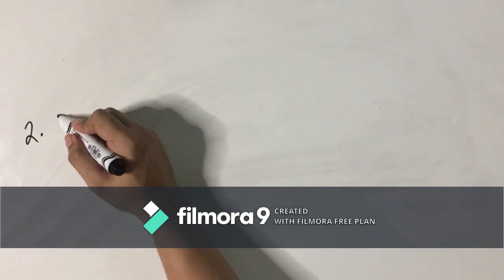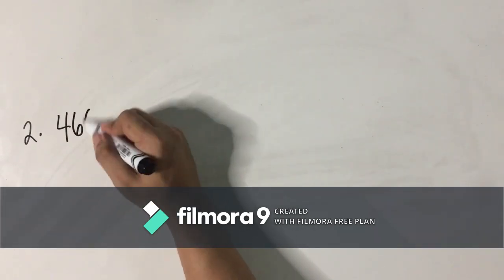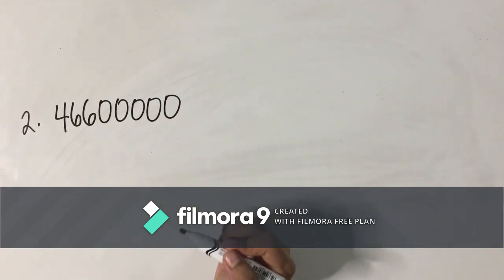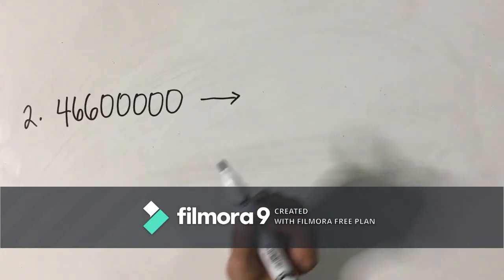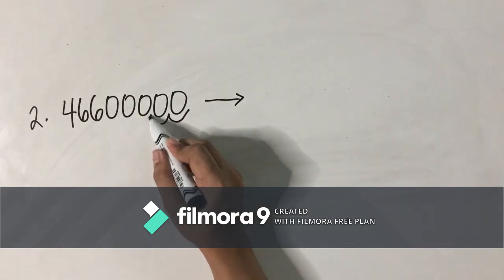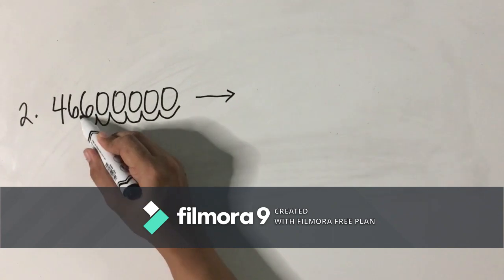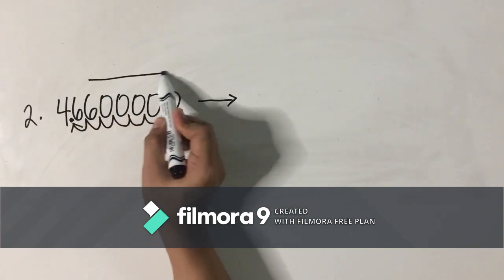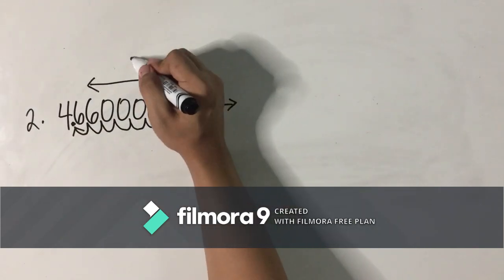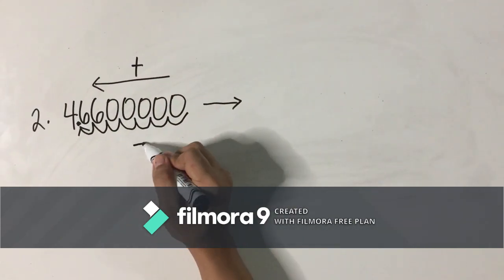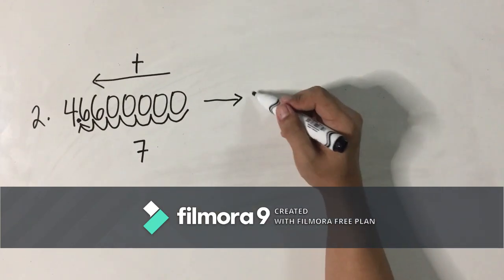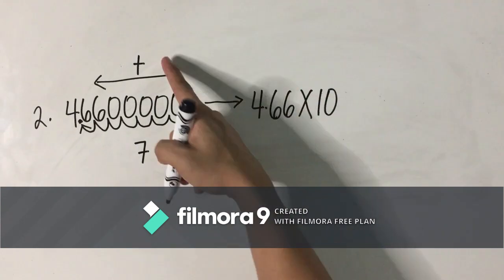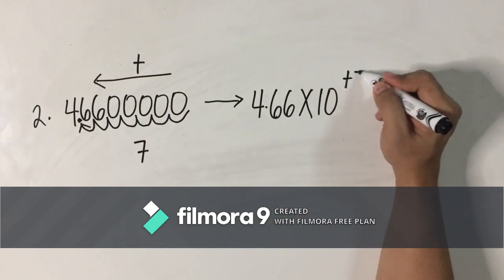Now, moving on to example number 2, we have 466000000. We have to do the same, making it into scientific notation. The movement is from right going to left, and that is 7 movements, and we place the decimal point between 4 and 6, indicating a positive integer. So putting it all together, we have 4.66 times 10 raised to positive 7.